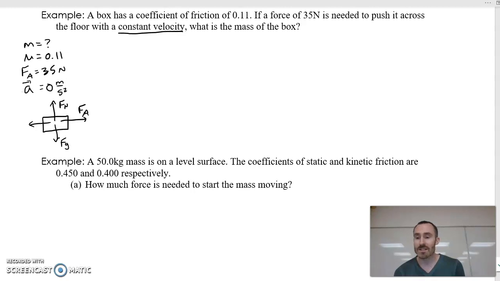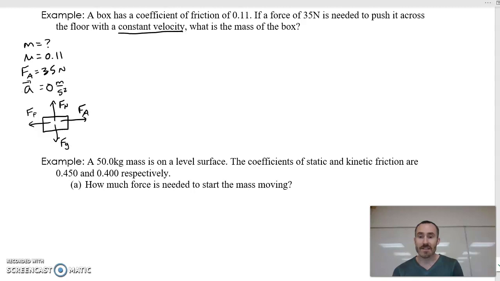Now this question doesn't say anything about the force of friction. But because we know that there's an applied force and that this is moving at a constant velocity, that means that there's no acceleration and the pushing force has to be balanced out by a force that's resisting the pushing. And so we know that there must be friction because otherwise it would just speed up in the direction of the applied force. And that doesn't happen. It's constant velocity.